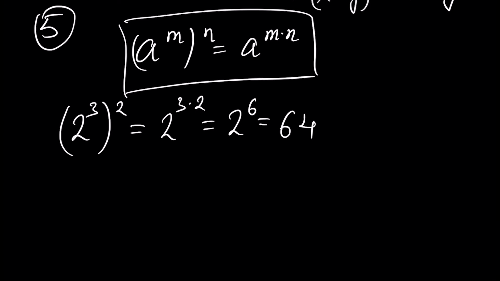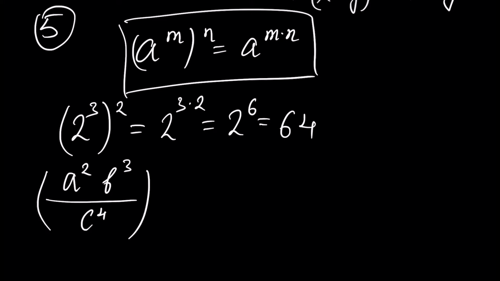Next example, assume we have a to the power 2, a squared, times b to the power 3, divided by c to the power 4, and this everything to the power 3.